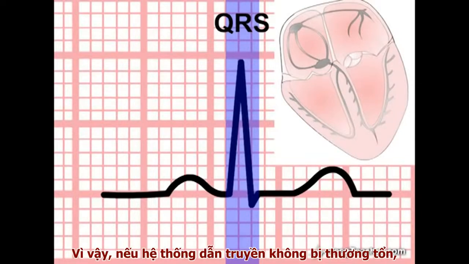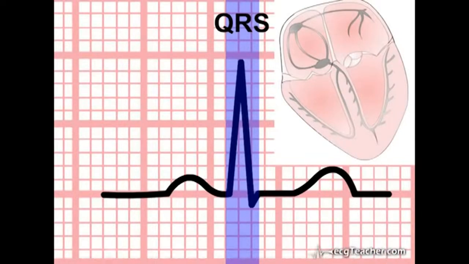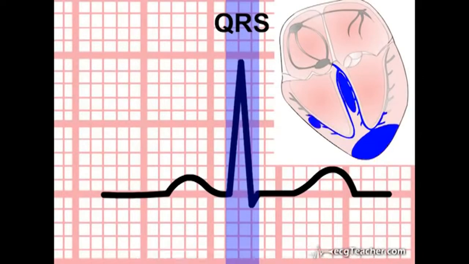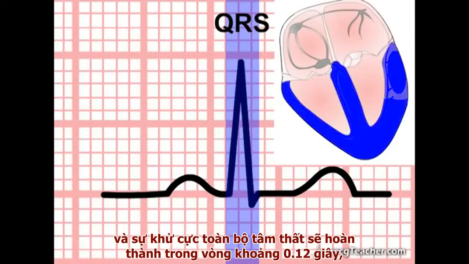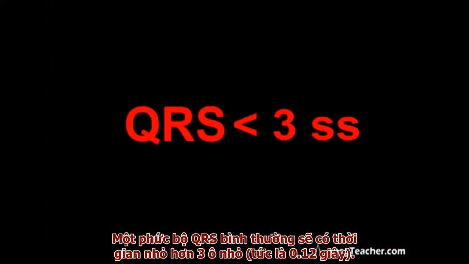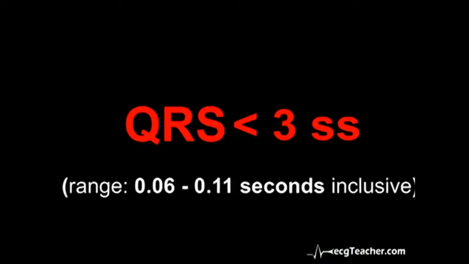Note therefore that with an intact conducting system, depolarizing current is delivered to all sectors of the ventricles in a very short time period, and ventricular depolarization of all regions of the chambers is complete within 0.12 seconds, that is, 3 small squares. A normal QRS complex is less than 3 small squares in width.